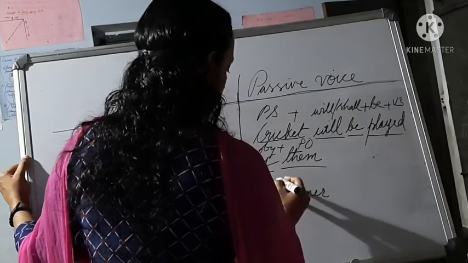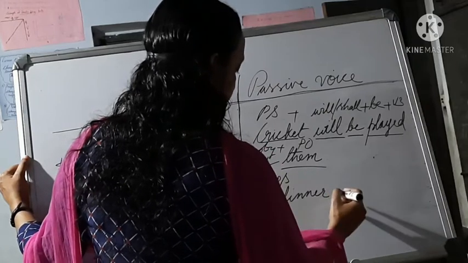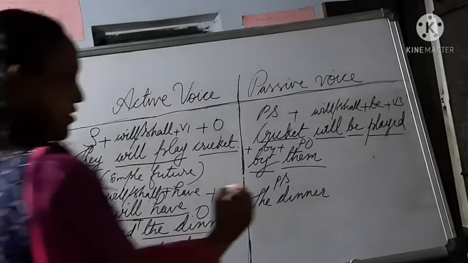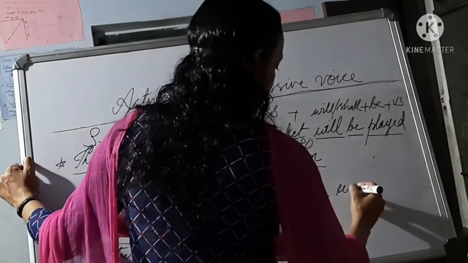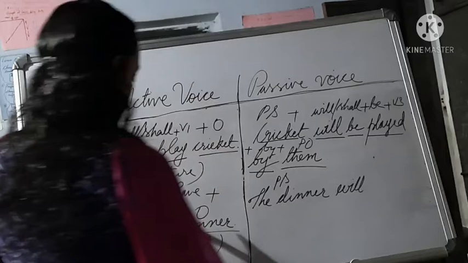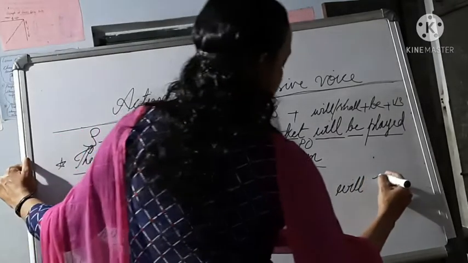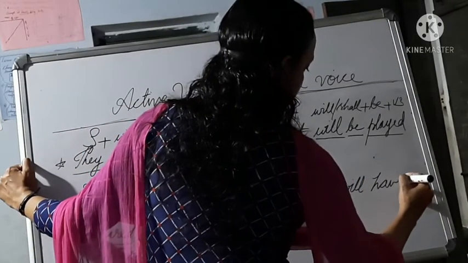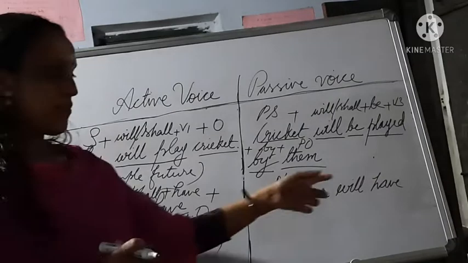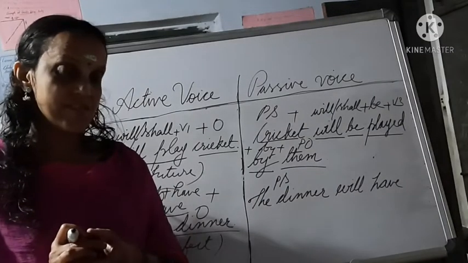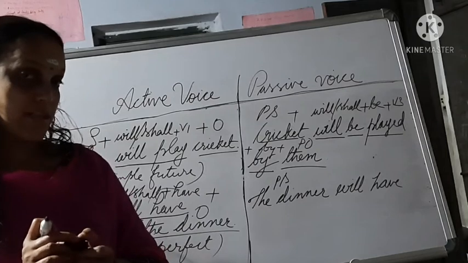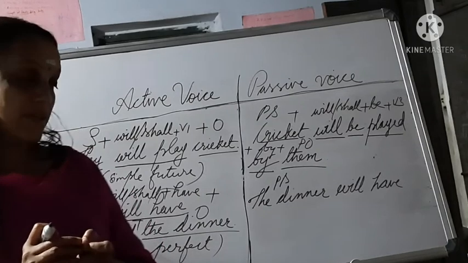That becomes the passive subject, plus, since it is future, we use will or shall. So let's write will here. Then have, will have, and in present perfect and past perfect we studied that for perfect we have to use a special word. Which one is that? Tell me. After have or has or had, which one? Being.